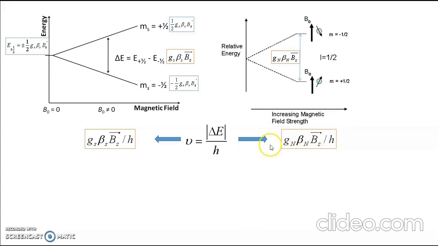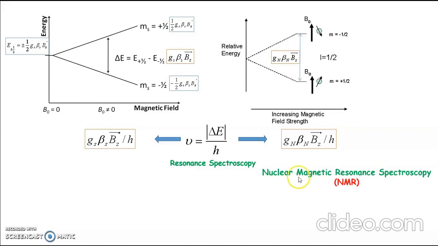Since the frequencies match, this is the resonance condition, and that is why such spectroscopy is known as resonance spectroscopy. For transitions between nuclear Zeeman levels, the spectroscopy is known as nuclear magnetic resonance spectroscopy, or NMR.